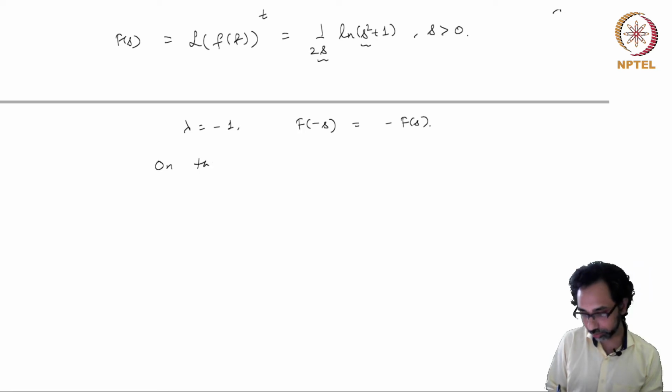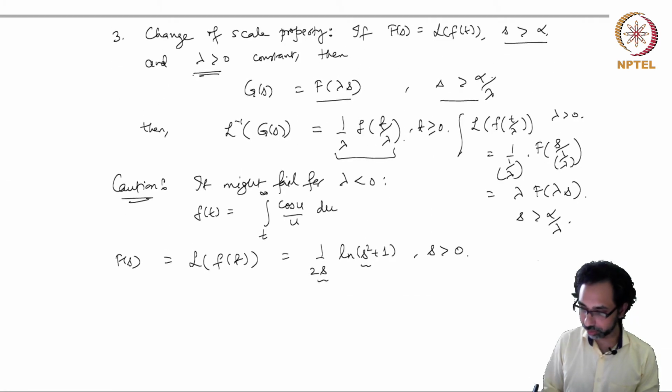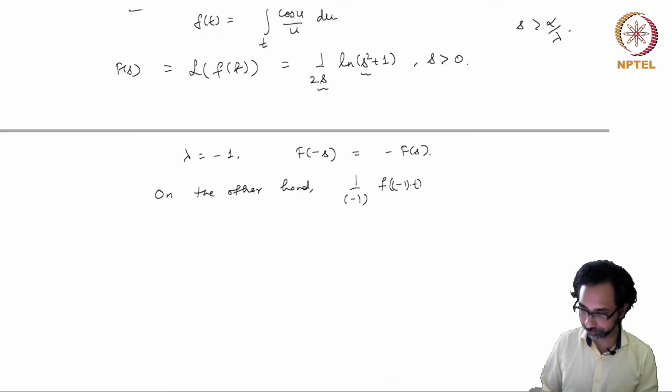On the other hand, 1 over minus 1 f of minus 1 times t, so this is the formula for our inverse Laplace transform for F(lambda s).